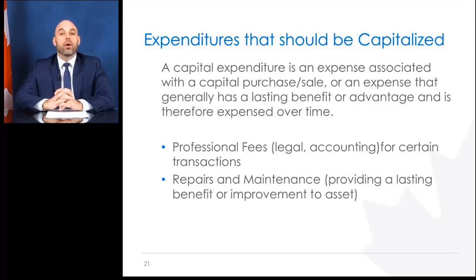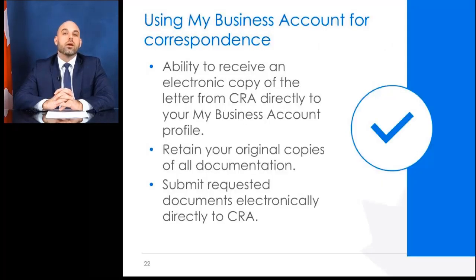Now you know about how our CARP reviews work, how to respond, and some of the pitfalls to avoid. We'd also like to tell you about our service My Business Account that can help you stay on track with your T2 corporate returns and further avoid problems if you are selected for a CARP review.